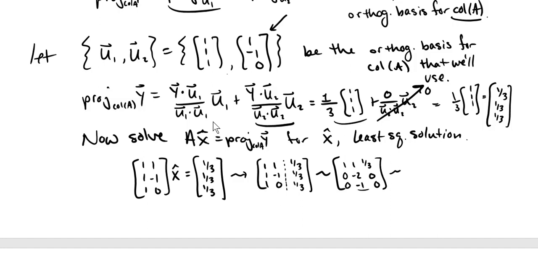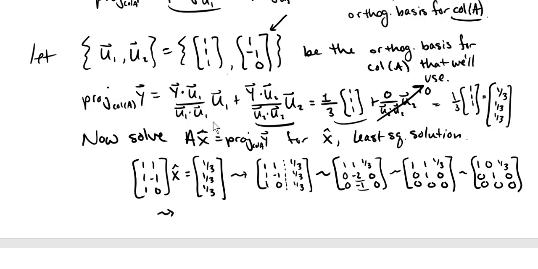Looks like you can wipe out this -1 with the -2 and turn that -2 into a 1. You can check all my steps here. I'm just going through this quickly for the sake of the video. But I believe we end up with this, which unpacks to x equals 1/3, y equals 0. There it is. That should be our x hat, y hat, right?